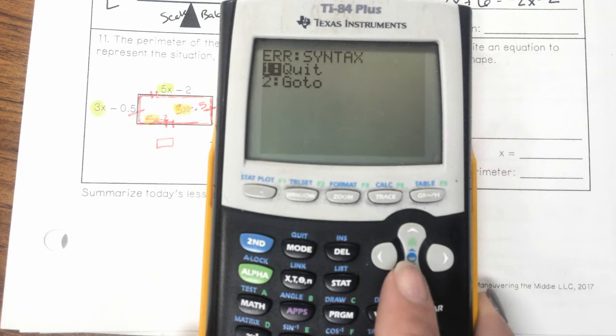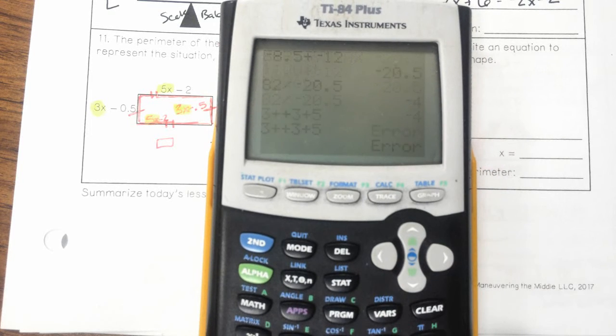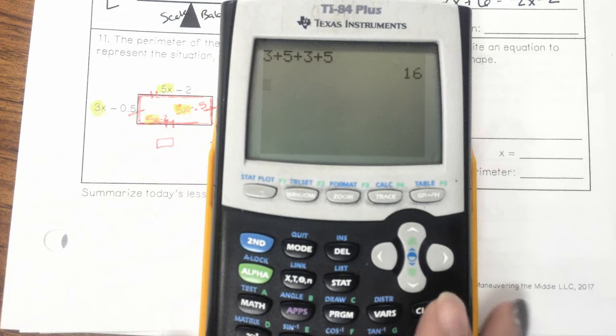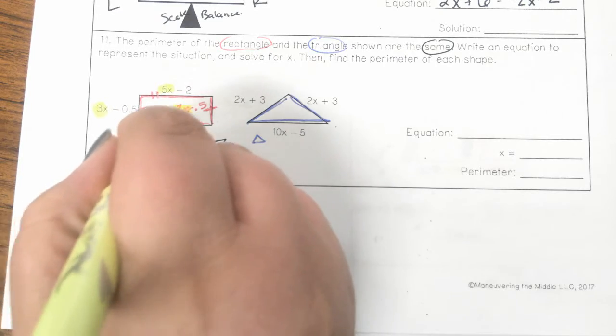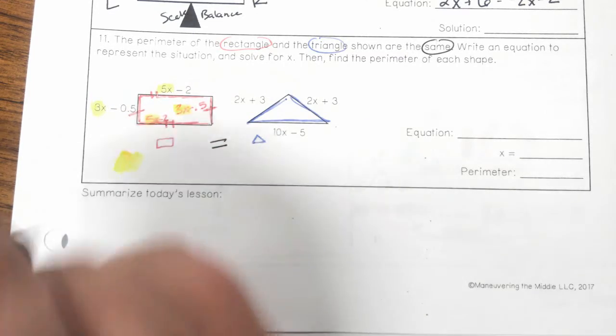When you type something in wrong, hit the go to button. I have 2 add signs. I forgot to put the number. So I've got 3 plus 5 plus 3 plus 5 for a grand total of 16 x's. So on my rectangle side, I know I have 16x.